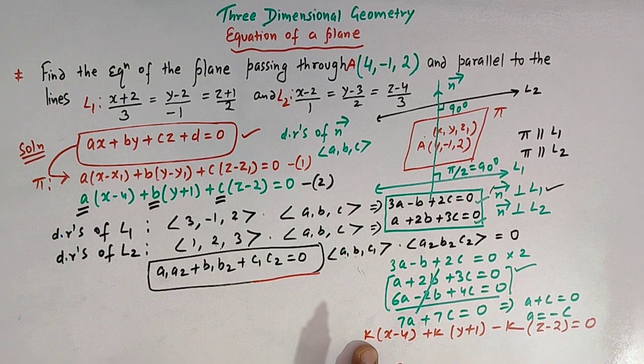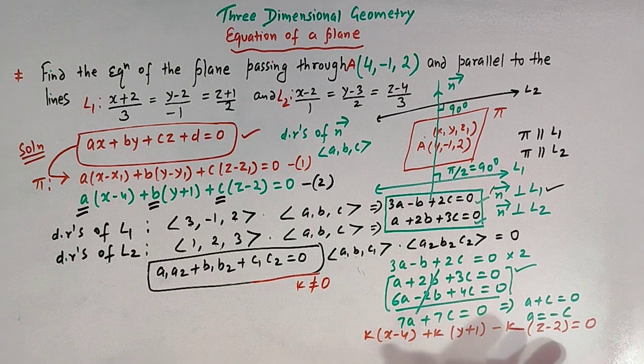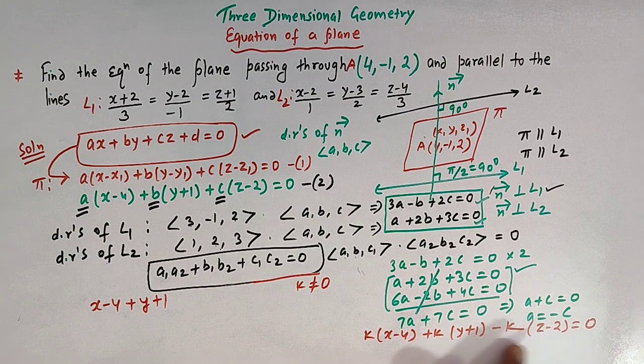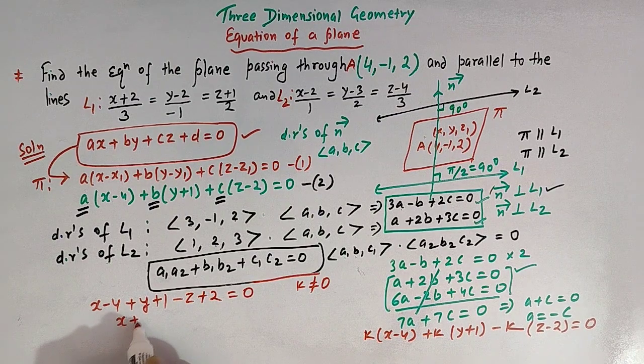Since k is not equal to 0, we can eliminate k by taking k as common, so here we have x minus 4 plus y plus 1 minus z plus 2 is equal to 0, right? So we have x plus y minus z, and here we have 2 plus 1 is 3, 3 minus 4 is minus 1, right?